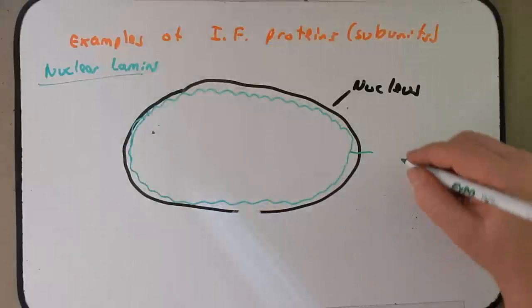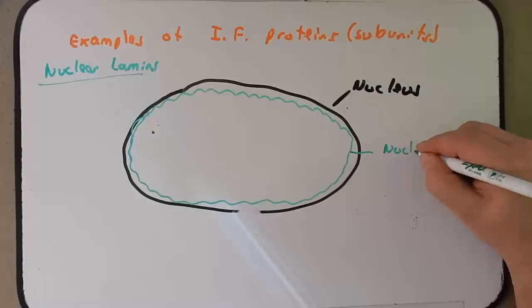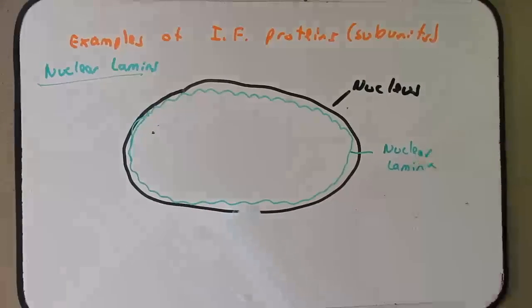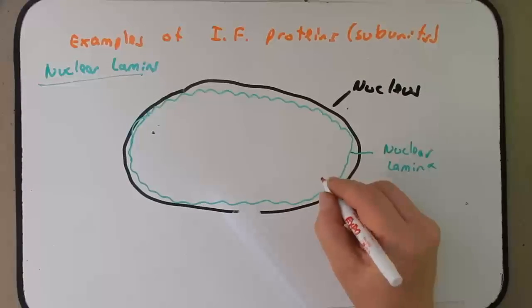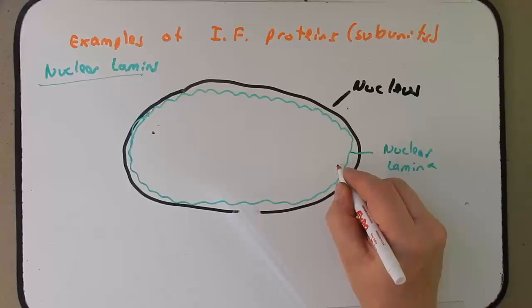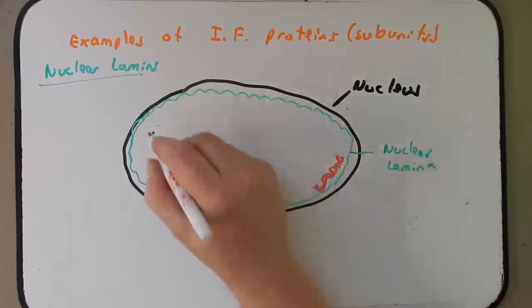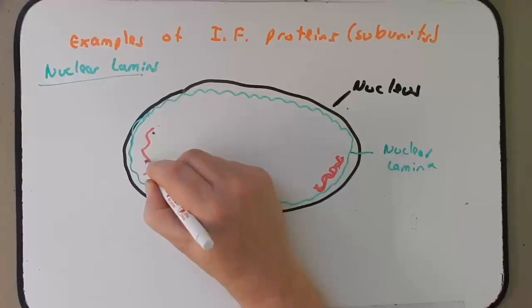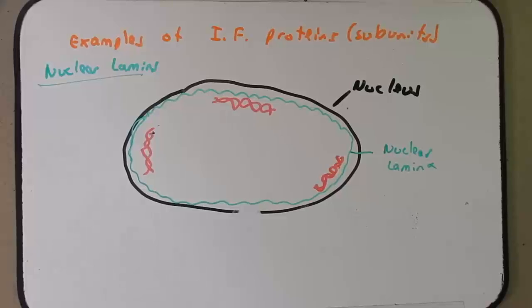These nuclear lamin proteins are often referred to as the nuclear lamina. Now, they help provide some structure of the nucleus, but we're learning more and more about a very important role they have, and that is that they bind to chromosomes. So the chromosomes are attached to the nuclear lamina.